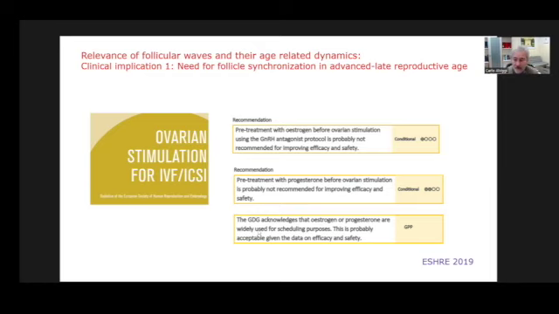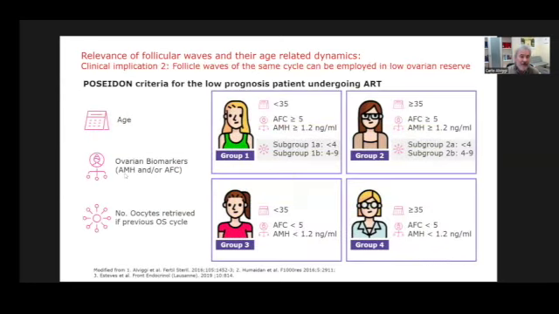So in case of oral contraceptives, what is suggested is that if we use contraceptive for synchronizing follicles, when you stop the contraceptive, you need to wait 5 days minimum for starting the stimulation. The relevance of follicular waves has also been considered in the Poseidon classification.